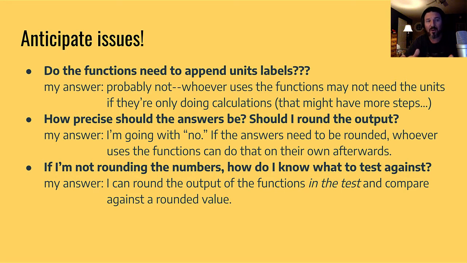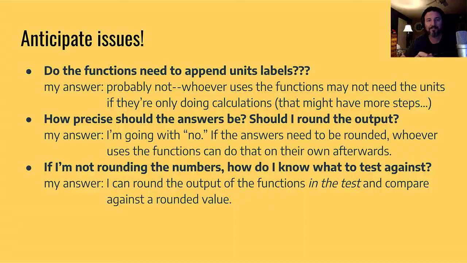And even though my math is right and the calculation appears to be right, it might indicate that it's wrong. And so what I decided here is I'll follow my advice from number 2, and I will just round the results that are coming back from my functions in the actual test itself and compare against that value. That way I don't have to worry about typing out a whole bunch of significant digits in my tests.